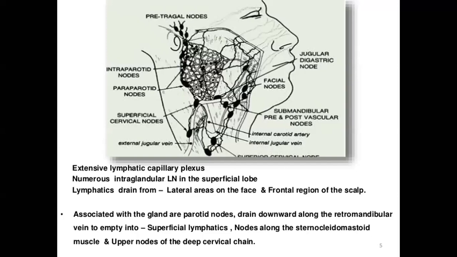superficial lobe. The lymphatic drainage from the lateral areas of the face and the frontal regions of the scalp is associated with the parotid lobe. They drain downward along the retromandibular vein and empty into the superficial lymphatic nodes along the sternocleidomastoid muscle and the upper nodes of the deep cervical chain.